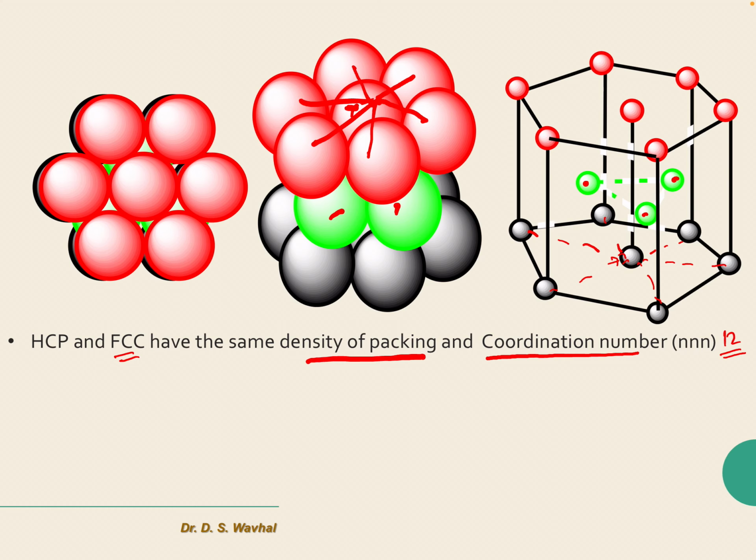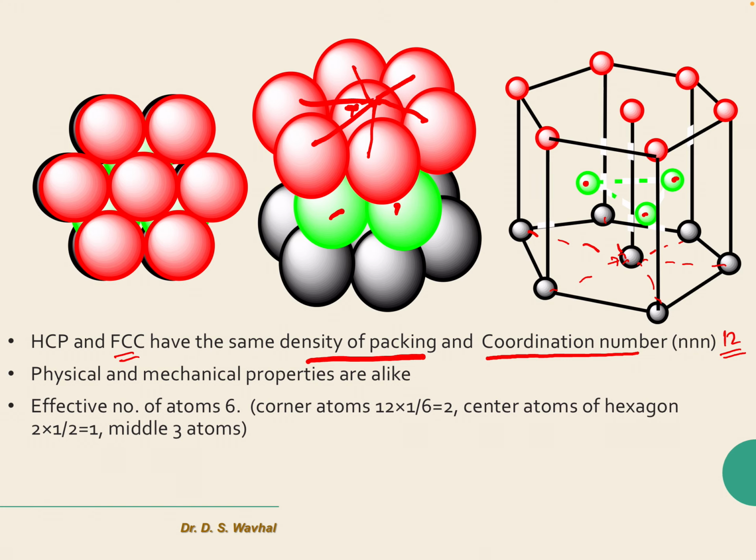We are not calculating packing efficiency for this, that would be in the numericals. Physical and mechanical properties are also the same for HCP and FCC. Then effective number of atoms is 6.